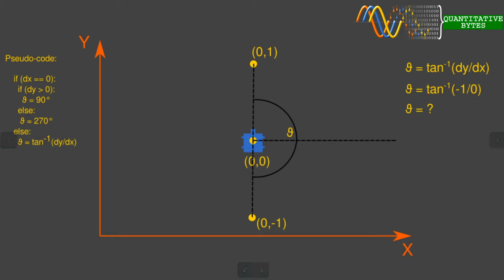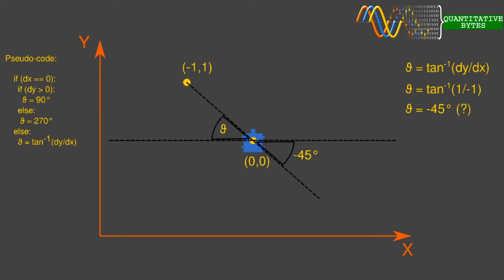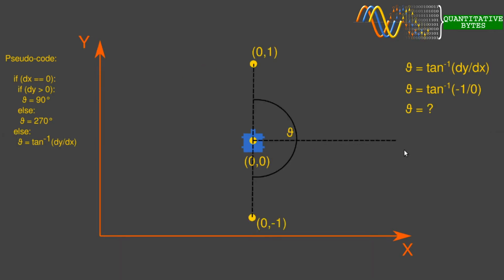Okay, all pretty simple. But what happens if we have a point that's over here? So in both of these two examples, we've just focused on points that are in the positive x half of the plane. What happens if we have a point where dx is negative?